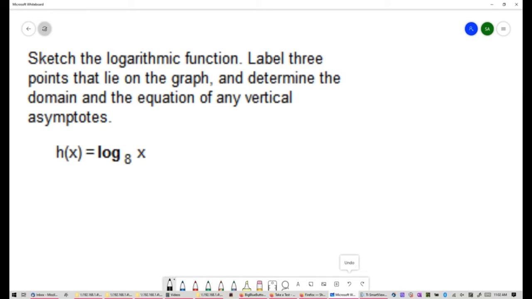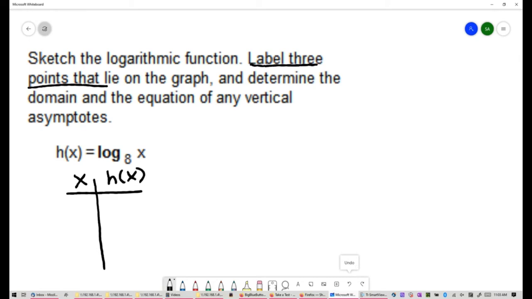So we want to start by finding 3 ordered pairs that are on this graph. And typically, I have a standard set of x's that I choose to substitute in.